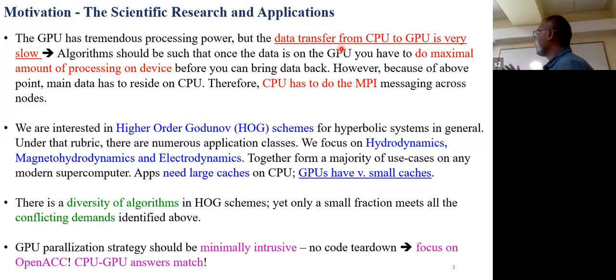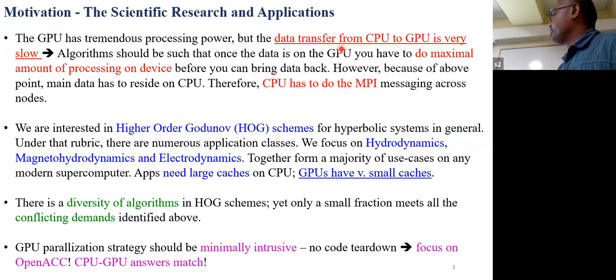In that scenario, the computation is happening on the GPU. After the computation is done, the ghost cell information has to be transferred to the CPU, and then the CPU will communicate to another CPU with MPI, and then once again from the CPU to GPU, we have to transfer the ghost cell information to the requested patch. In that scenario, the data transfer is a heavy bottleneck.